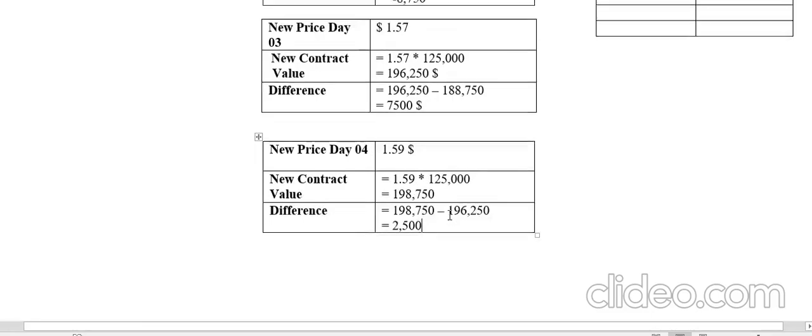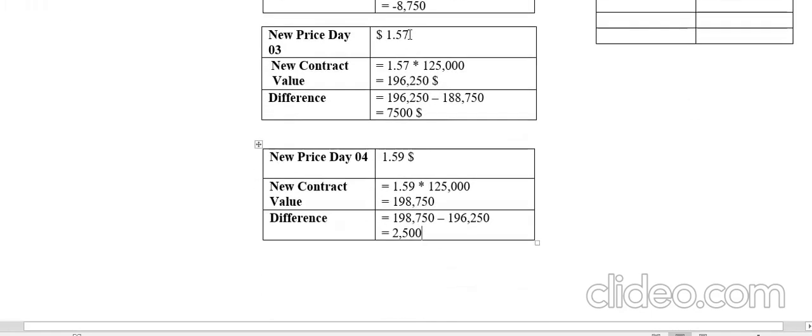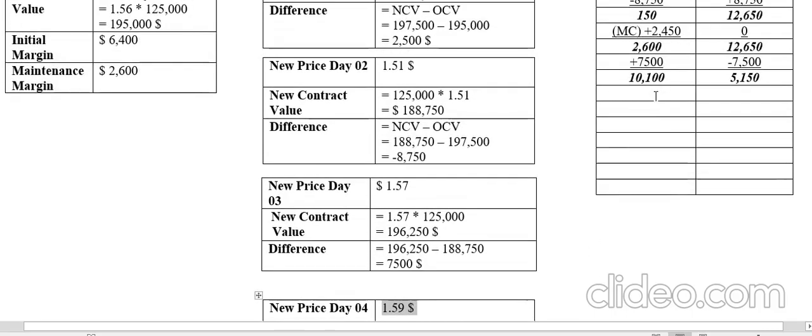Is it a profit or loss for the buyer? For that, we would compare the new and old prices. The old price was 1.57 and now the new price is 1.59, which means that the price has increased. An increase in the price is a profit for the buyer, and it's considered a loss for the seller.